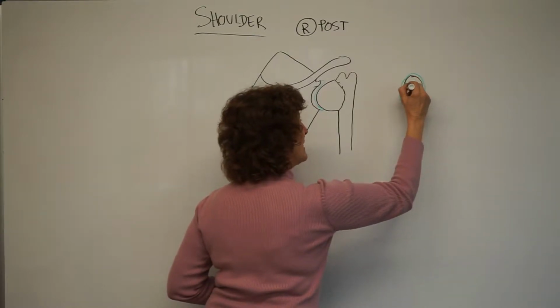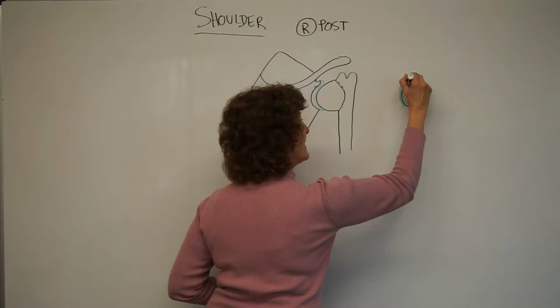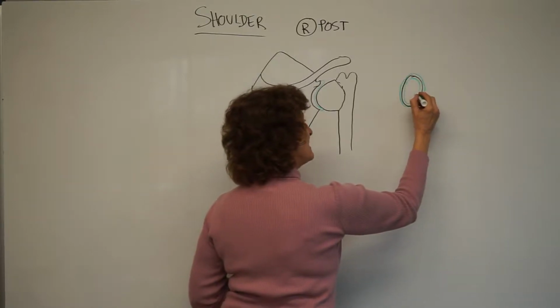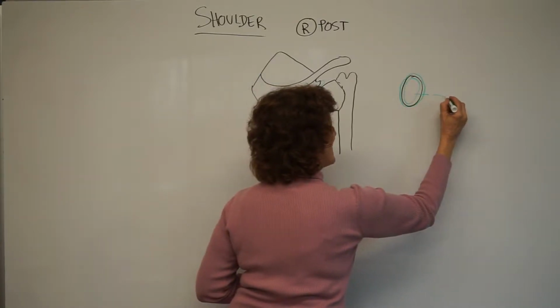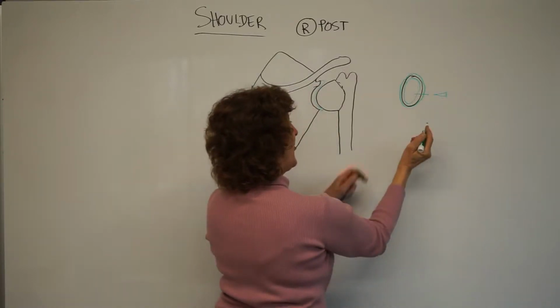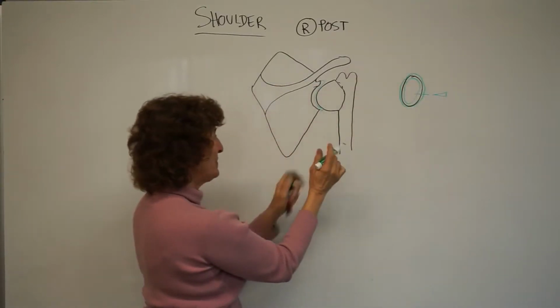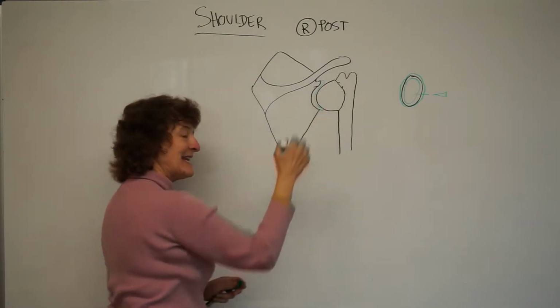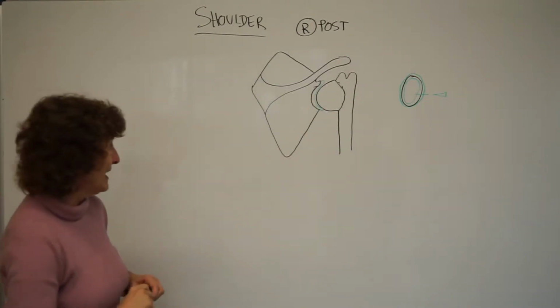It has a central clearing. If we were to slice it, take a look at it, you'll see that it forms an edge in a way that it actually helps this humeral head stay seated in the glenoid.